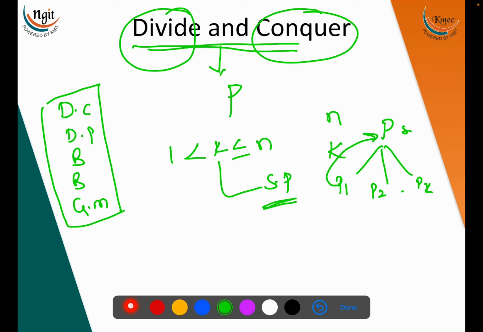If the original problem is a sorting problem, P1 should also be a sorting problem, because P1 has been divided from P. Now, that is divide. What is conquer? We will solve each subproblem, that is solution P1, solution P2, something like this.